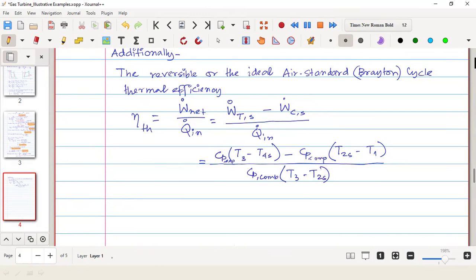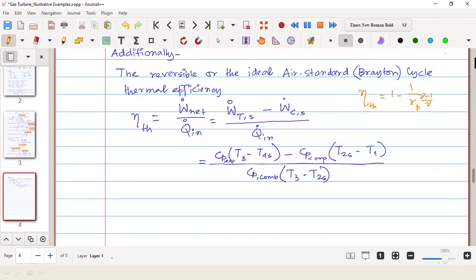Now you have to follow one thing: I am not writing the definition for the ideal air standard cycle as equal to 1 minus 1 by Rp to the power gamma minus 1 by gamma.